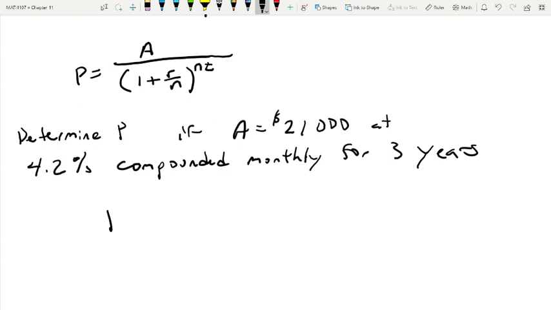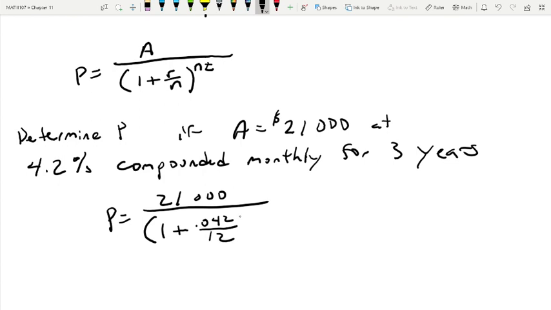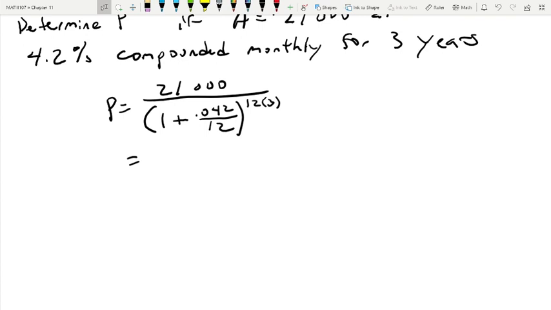And so P is going to be the 21,000 divided by 1 plus 0.042 over 12 to the 12 times 3. And so you plug this in and you find out the amount that had to be deposited was 18517.99.